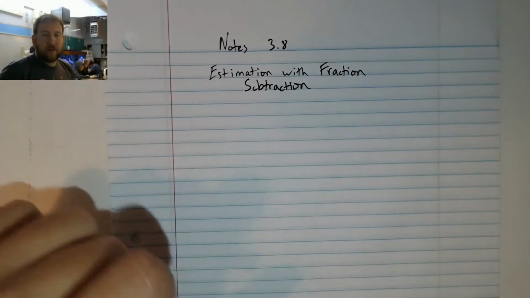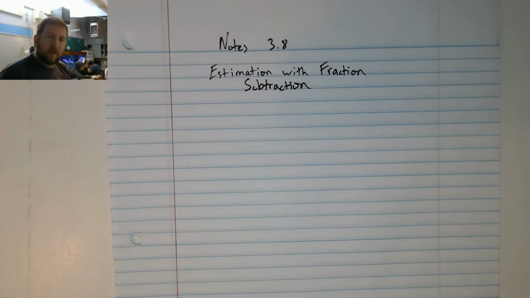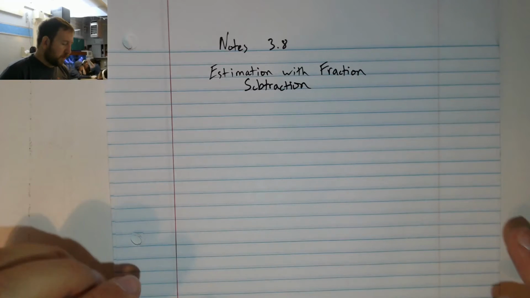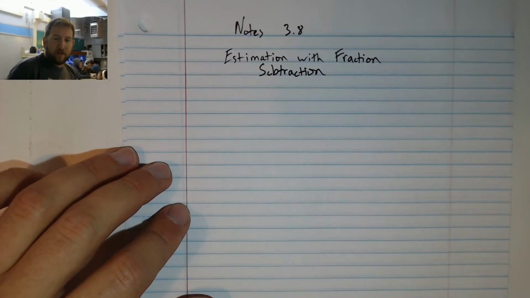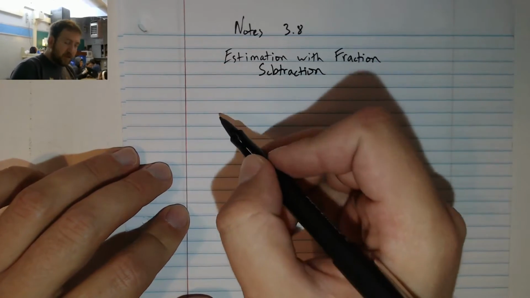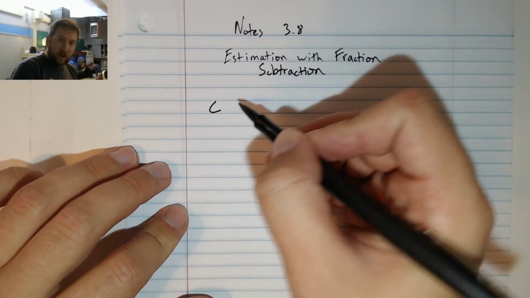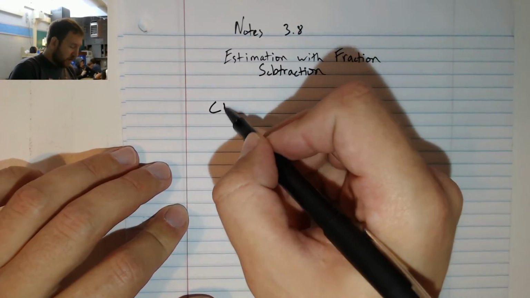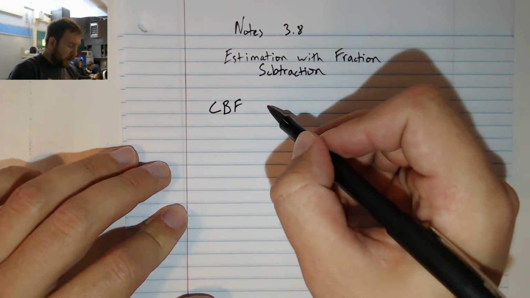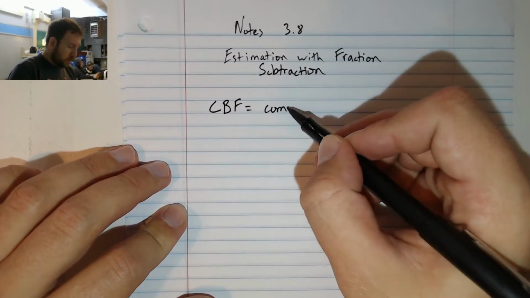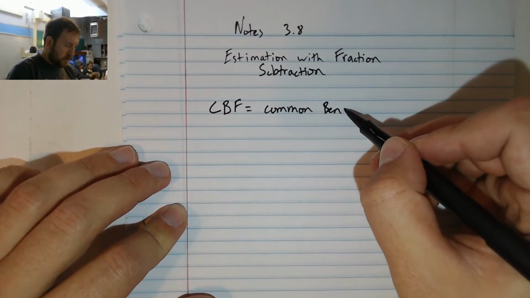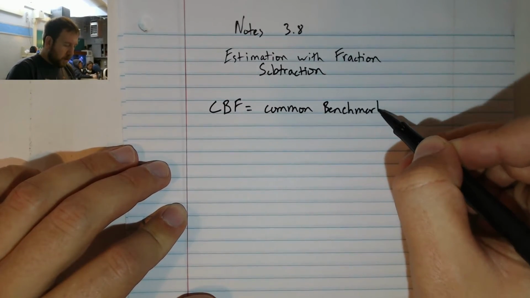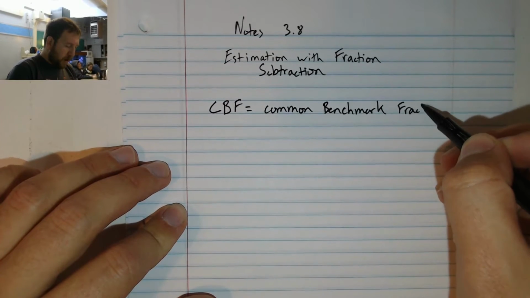Alright, so I'll do this quick because we should remember how to do these from those earlier videos when we were talking about estimating. Our big key here is going to be using those common benchmark fractions. I think I called it wrong on a quiz, but we're going to call it CBF, common benchmark fractions.